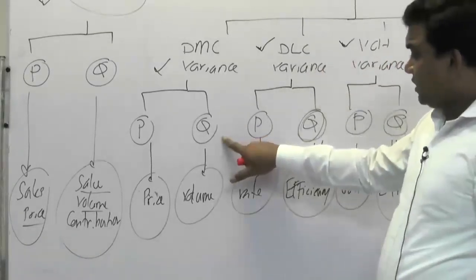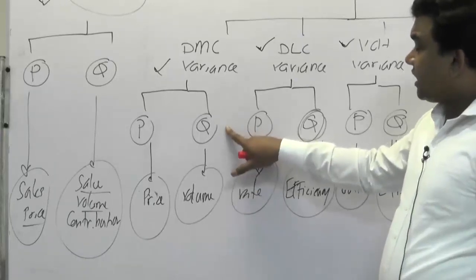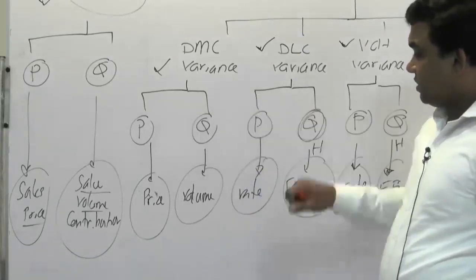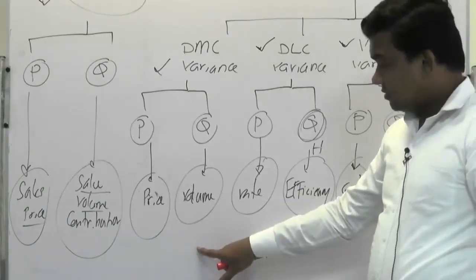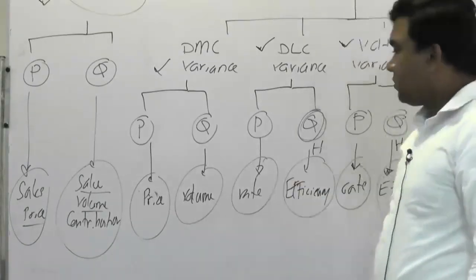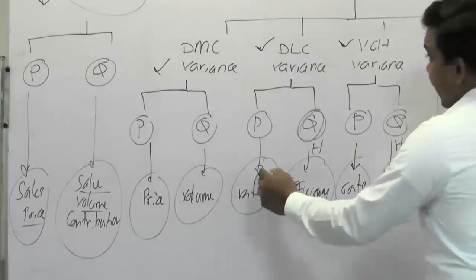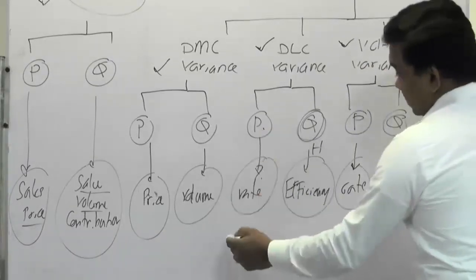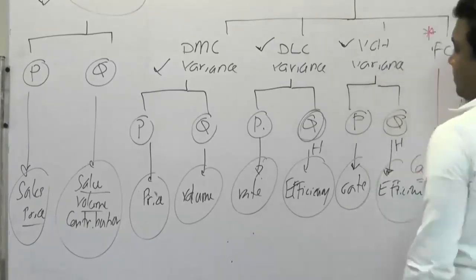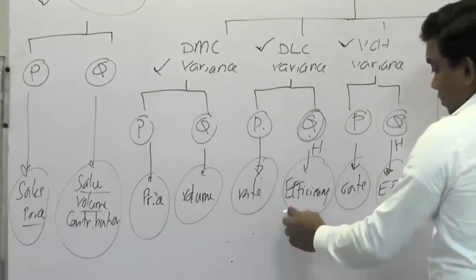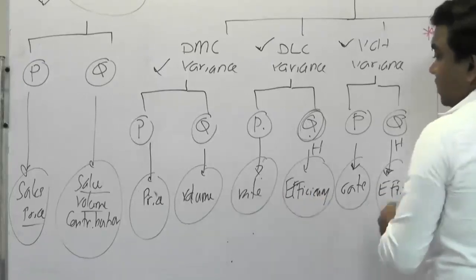When it comes to the quantity, better to have standard quantity first, since it is a cost: standard quantity minus actual quantity into standard price. Again here price, standard rate minus actual rate into standard hours. Volume, you will take the volume variance as we discussed here.